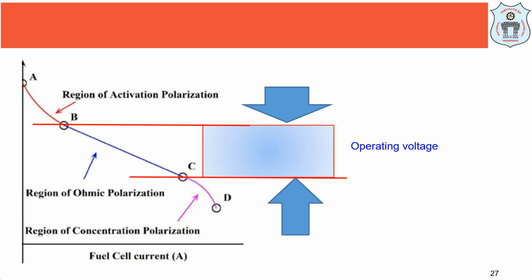The voltage regulation is poor for small values of output current, AB, and large values of output current, CD. That's why in practice the operating point is fixed in the range of BC of the VI characteristic curve, where the voltage regulation is best, and we get an output voltage of around 0.6 volt to 0.8 volt.